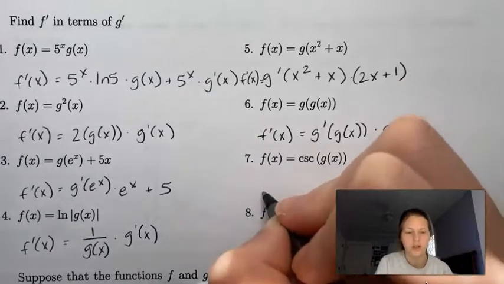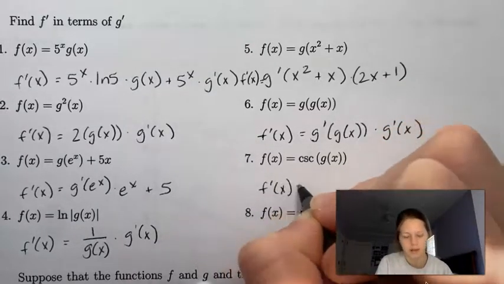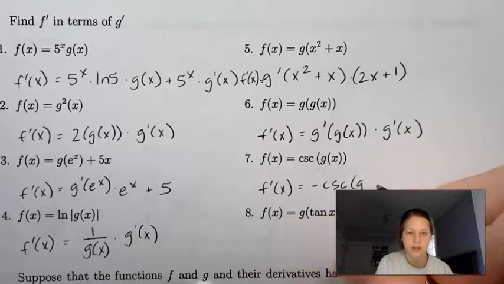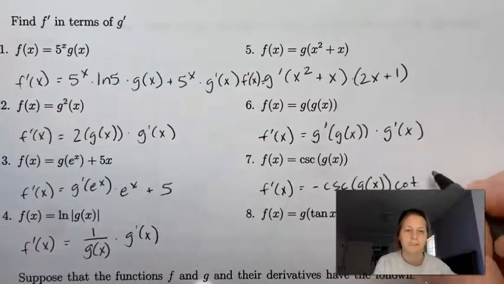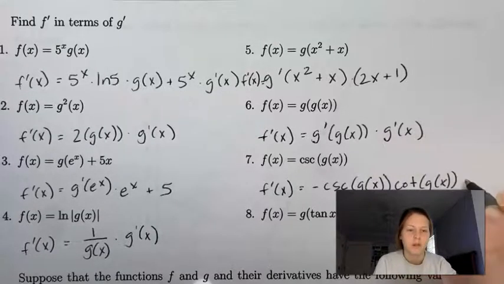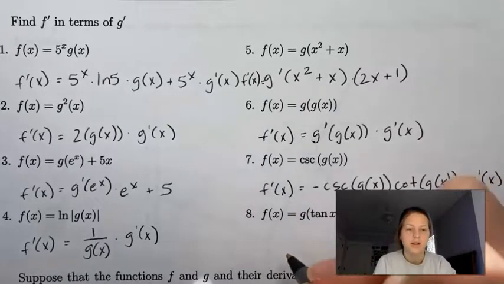Seven is another chain rule question, so we get f prime of x is equal to negative cosecant g of x cotangent g of x times g prime of x.